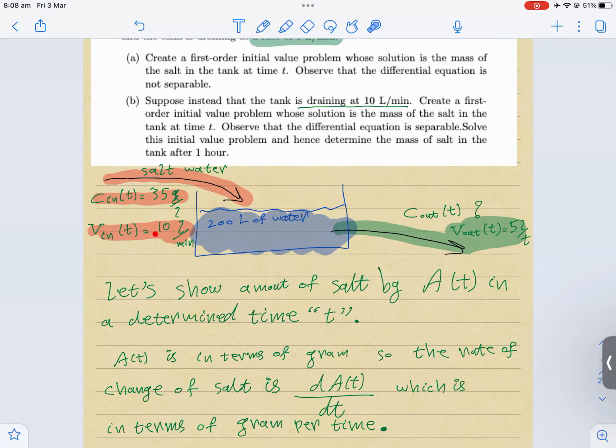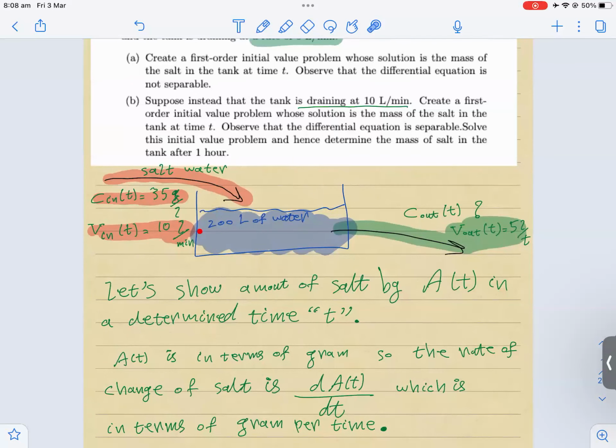So roughly speaking, this will be the integral of the multiplication of c and v. We have a dt, meaning time. That's why the multiplication will be gram after multiplying by dt.